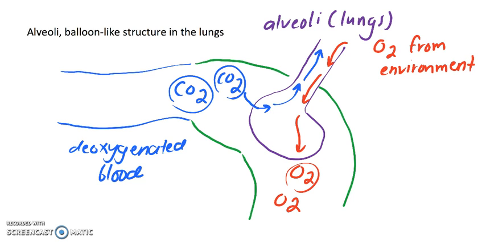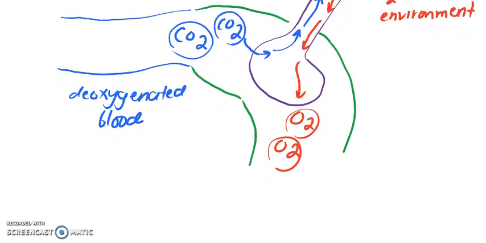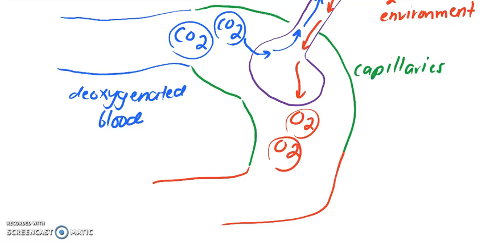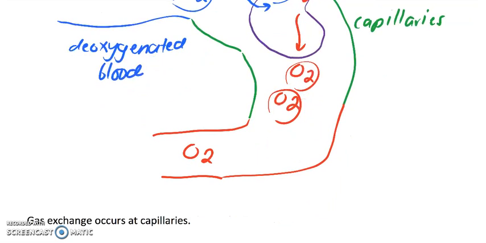So now my blood is no longer deoxygenated. These are capillaries surrounding the alveoli. Now we have good, fresh, oxygenated blood.